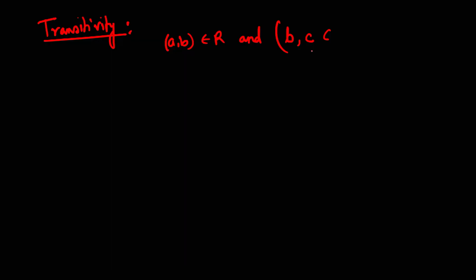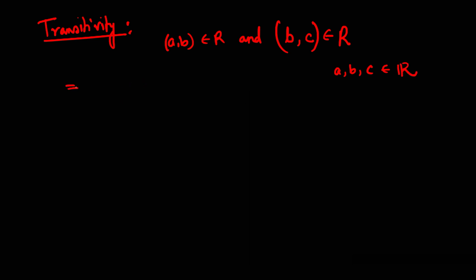So now check R is transitive or not. So transitivity. What is the assumption of the transitivity? (a, b) belongs to R, and (b, c) belongs to R, and obviously a, b, c are from the real numbers.